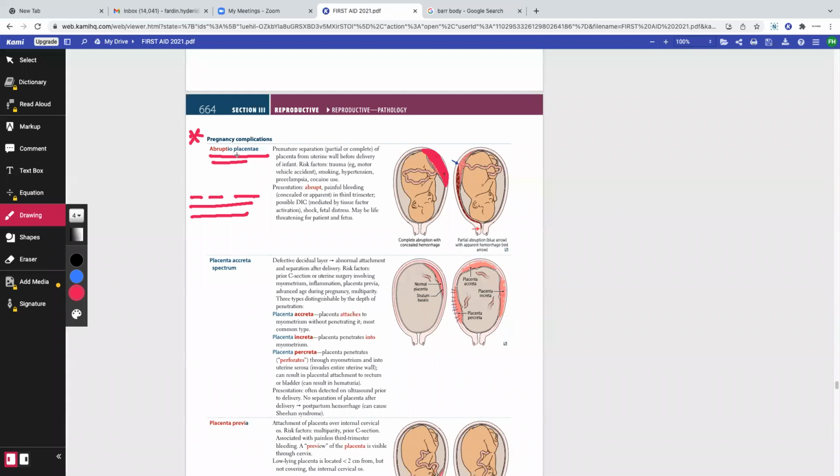So what are the risk factors? Why do we develop abruptio placenta? Number one, if a part of the placenta is coming off, could it be due to the fact that the pregnant mother received some sort of trauma to the abdomen? Yes or no? The answer is yes. So number one risk factor is trauma. Next one is smoking: do we have the release of nicotine, which is a vasoconstrictor?